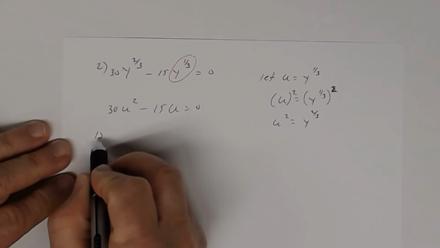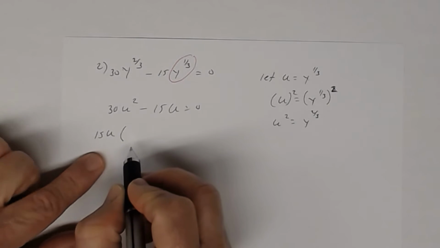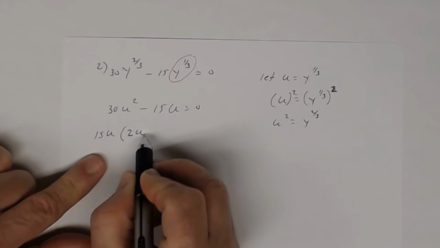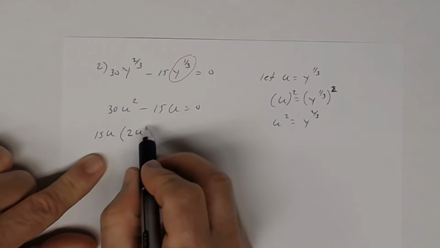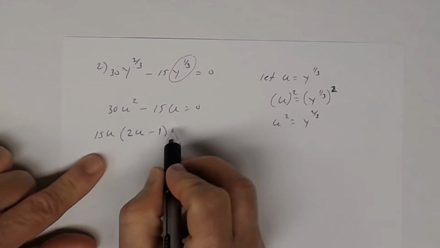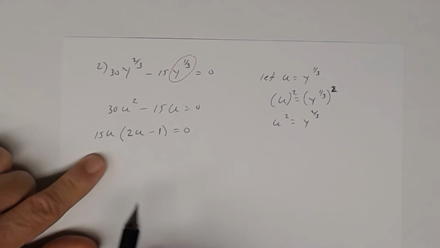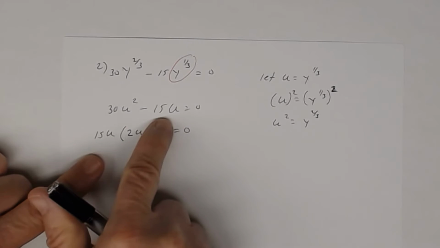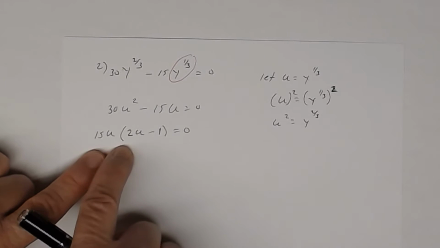So we're going to go ahead and factor out a 15u. And when I factor out a 15u, 15u times 2u is 30u squared minus, and then 15u times 1 is 15u equals 0. All right, so I factored this quadratic equation by first factoring out a GCF, and so that's what I get.